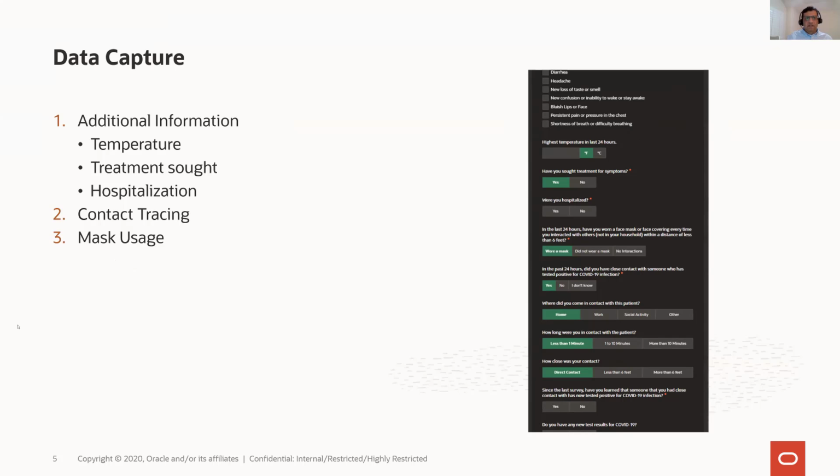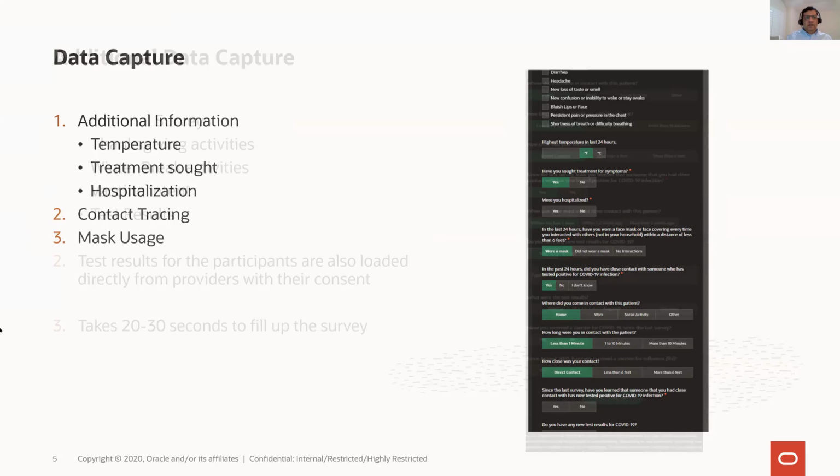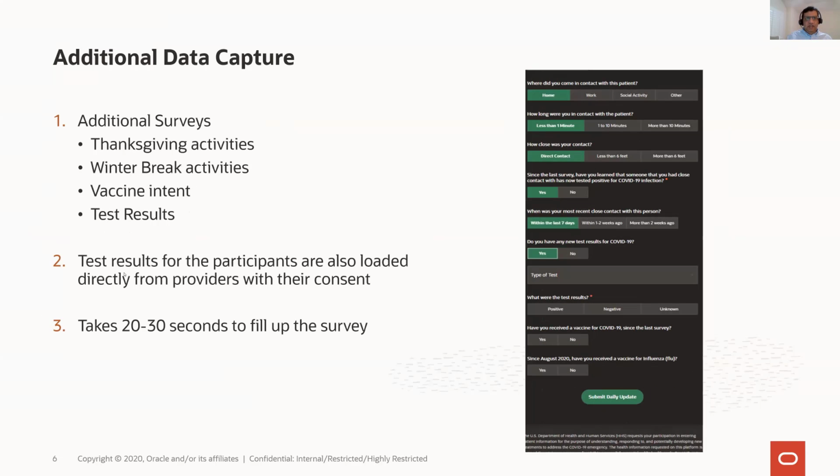They also answer a few questions on mask usage. And lastly, the survey occasionally captures information about additional topical events like the Thanksgiving holiday and winter break, how many people you met during these events, whether you intend to take a vaccine or not, and also captures if the participant has taken a new COVID test.